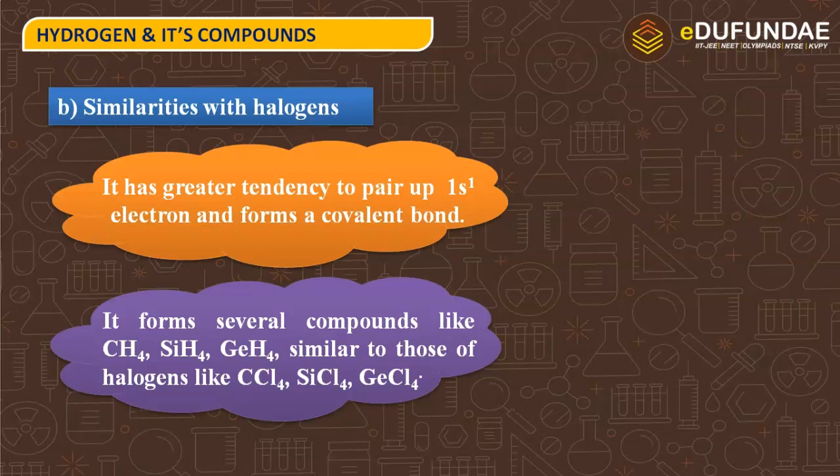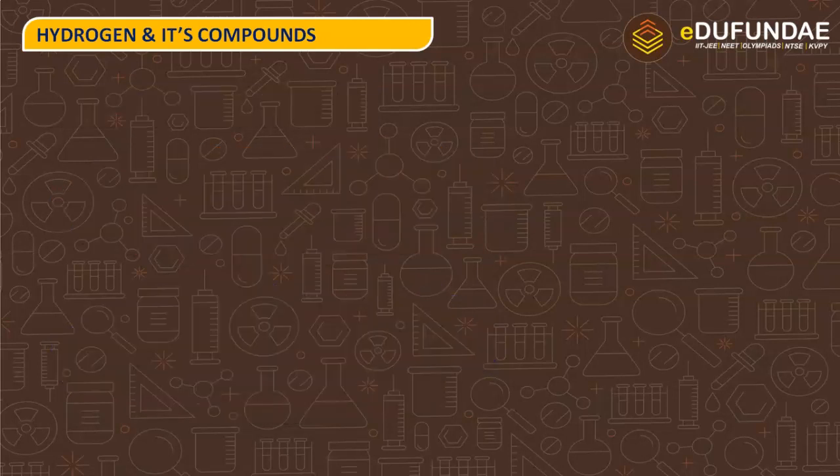And it forms several compounds like methane, SiH4, GeH4, and similar to those of halogens like carbon tetrachloride, silicon tetrachloride, germanium tetrachloride. Then on that note, we can say hydrogen resembles halogens.